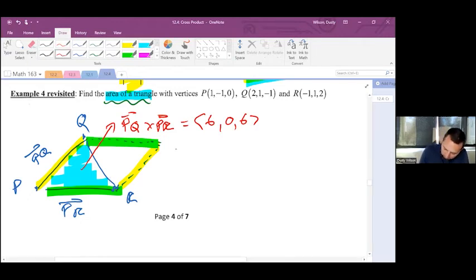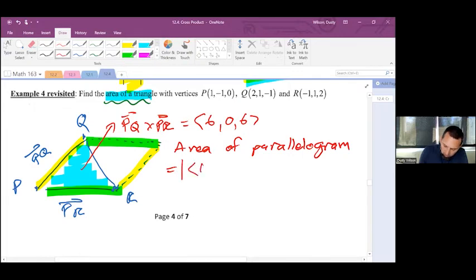So area of parallelogram equals the magnitude of 6, 0, 6. That should be square root of 36 plus 36, or 6 root 2.